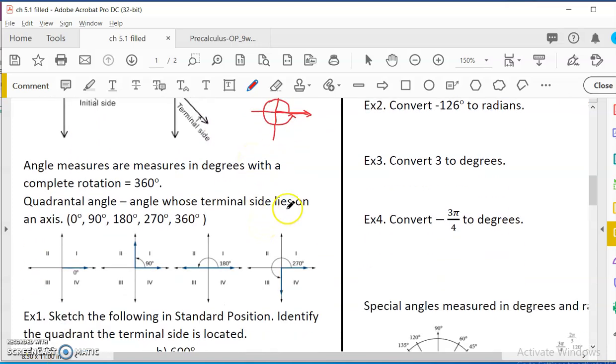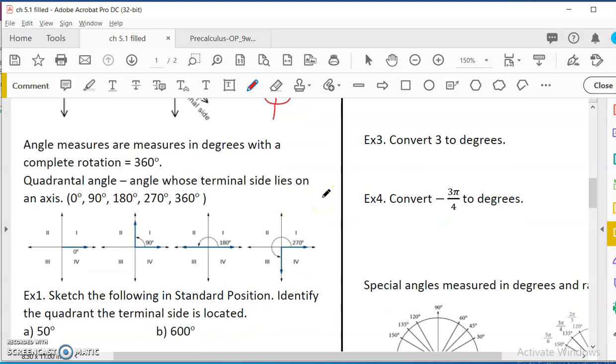And of course, because 360 can be divided into 4 parts, you will see that we have 90 degrees right here. If the angle stops here, this is 180 degrees, and we would have 270 degrees. Now this picture shows the degree numbers here, but usually we write the degree on the rotation or right where the terminal side is.